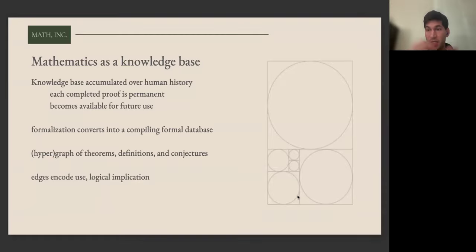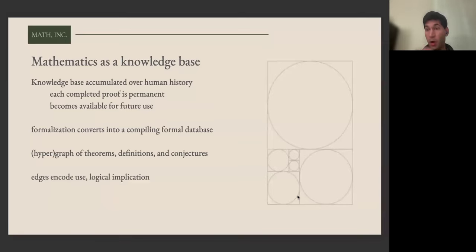The recent movement of formalizing results in Lean and other languages as compiling code is really a computational equivalent of digitizing this knowledge base into a formal database.